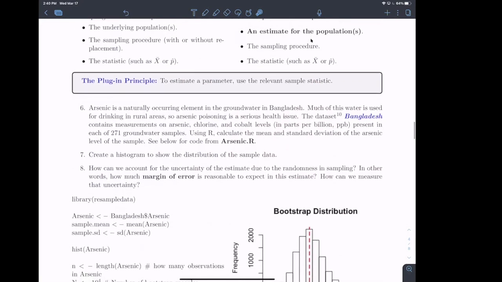Okay, so let's think about another example, with a data set called Bangladesh. I'm going to move back into R Markdown.